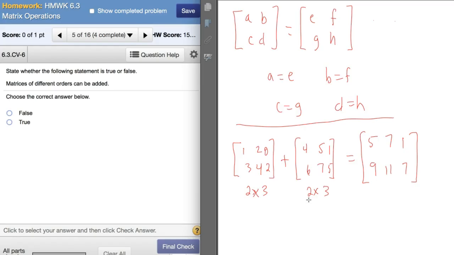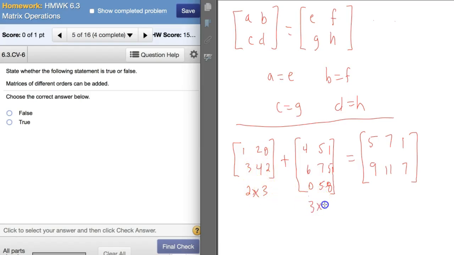So it doesn't necessarily have to be square, it just has to be of the same order. If we tried to add something else that did not have the same order, we wouldn't have everything to match it up with. So I'll give you an example of that here. Let's say we now have an extra row here, 0, 5, 8, and we're trying to add this to a 2 by 3.